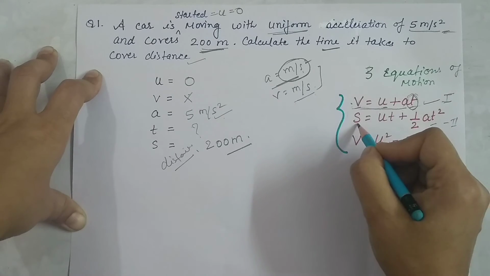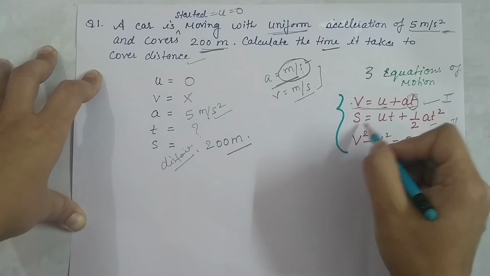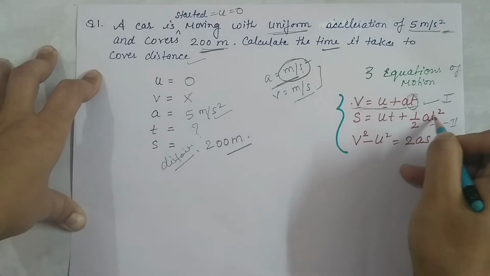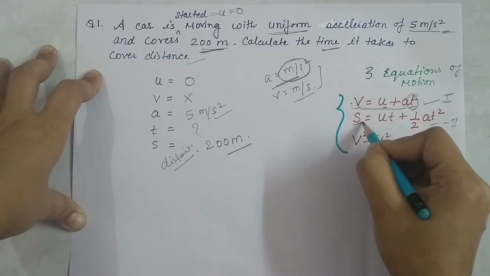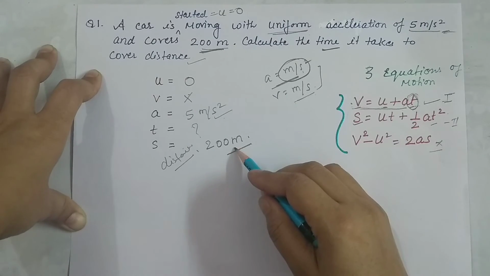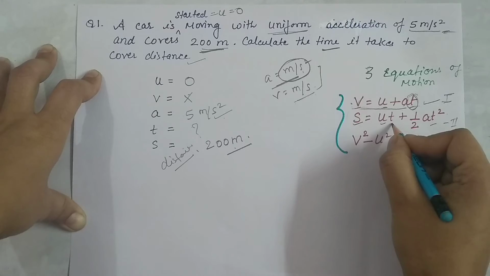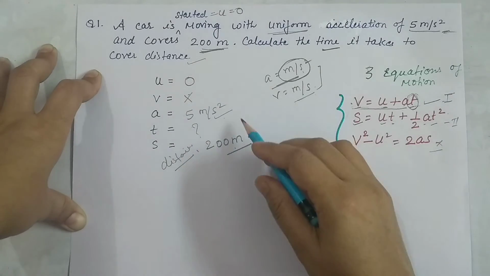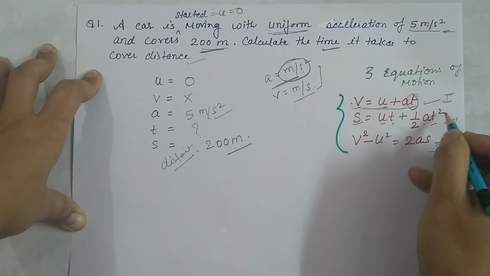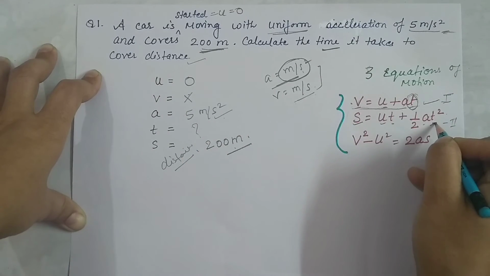Then we go to the second equation: s is equal to ut plus half at square. Here s is given, the distance is given. Initial velocity is given. Time we have to find. Acceleration is given. So all the things are given, only t is left. From these three things, distance, initial velocity and acceleration, we know about it, only time is left.